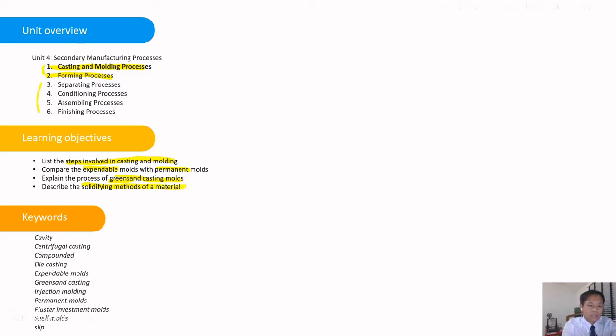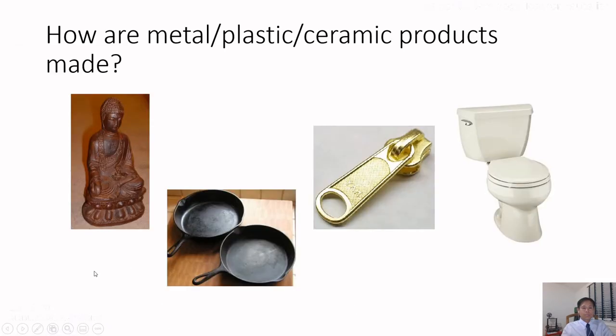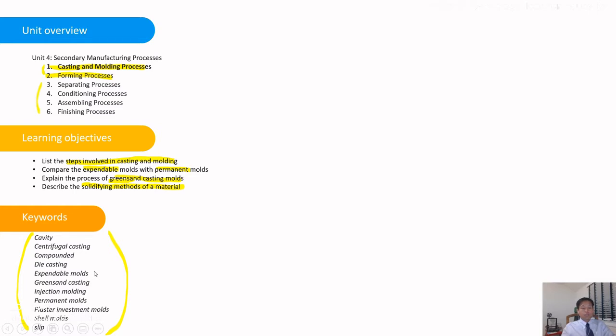This lecture includes some keywords, and I will further explain the keywords during my lecture. Before I start, I want to make sure you know that concepts such as casting, molding, and forming are very complex processes.